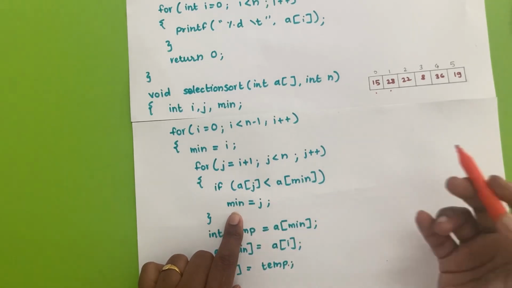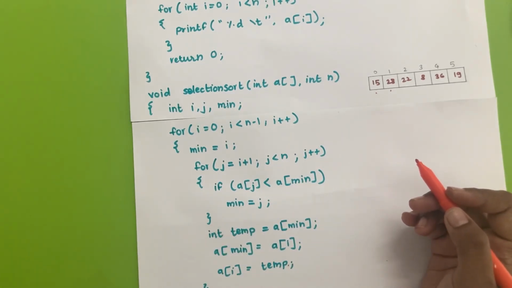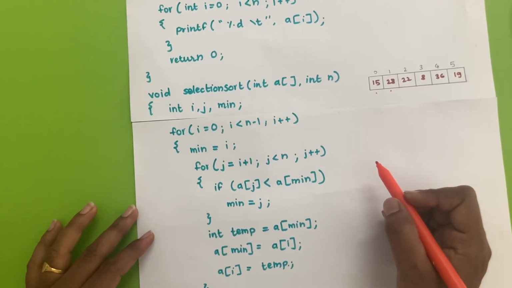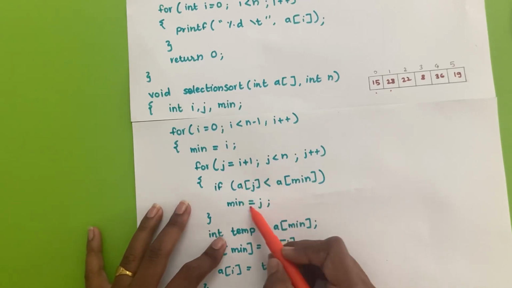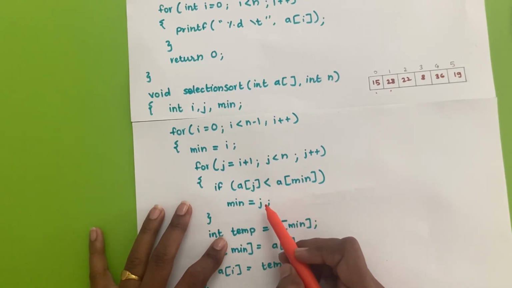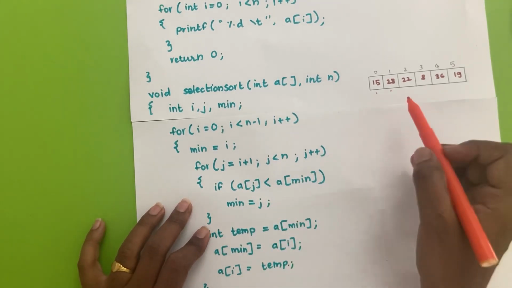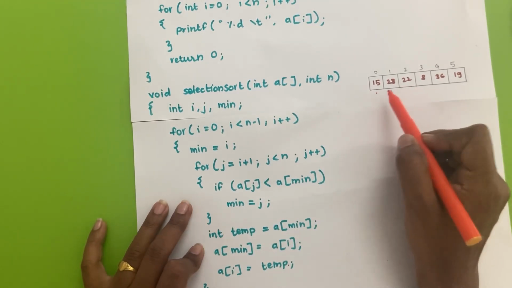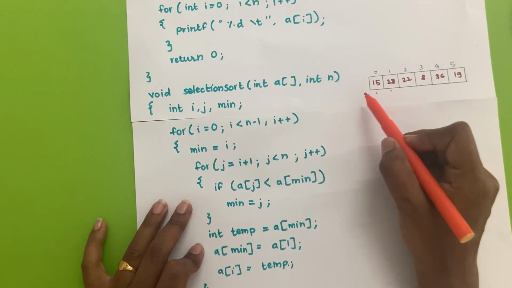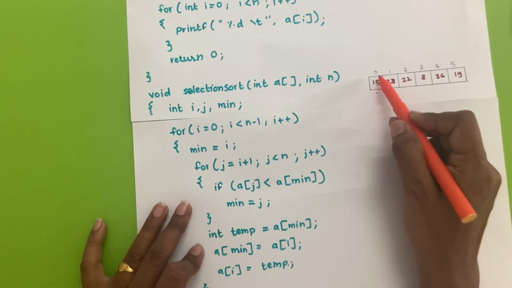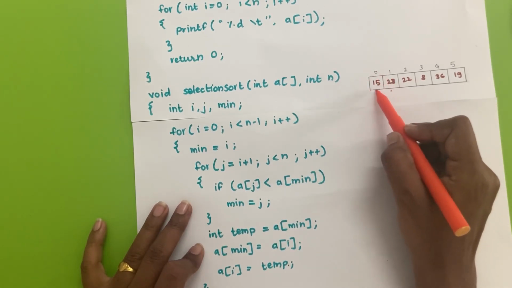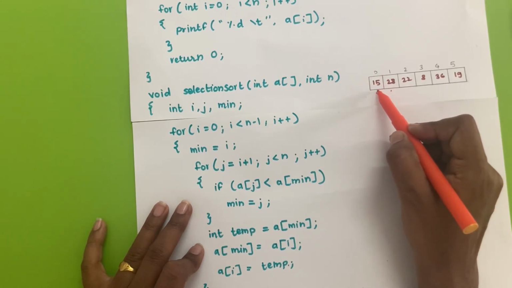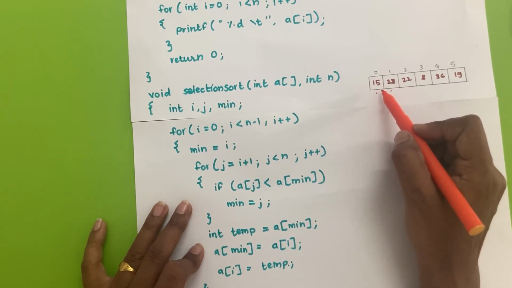Okay, so as we have discussed in the example of selection sort, first we have to find the smallest element. So here in this loop we will get the smallest element. Okay, so whenever we get the smallest element, we have to swap it with the first minimum element that we have considered. By default the first element is considered as the minimum element.